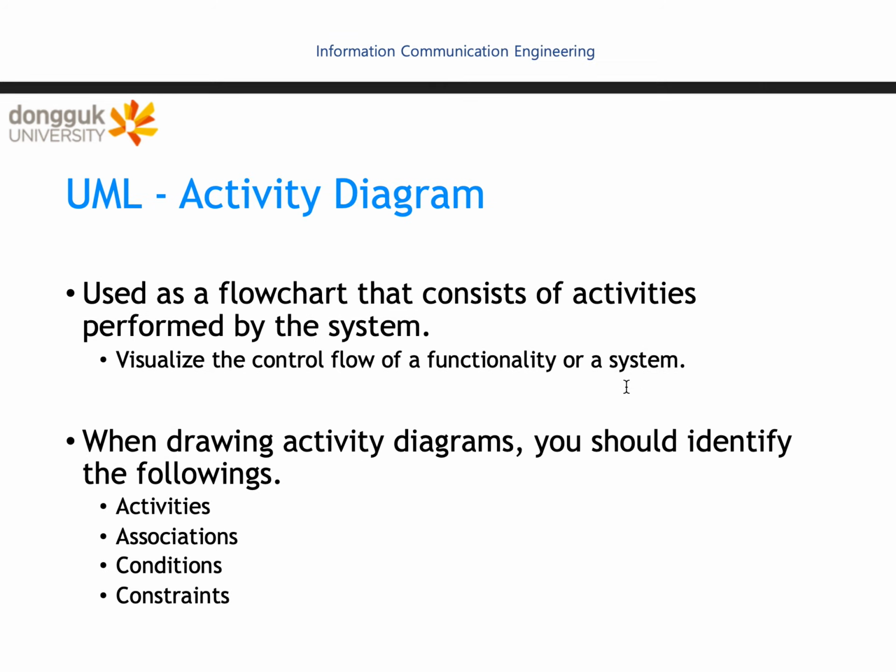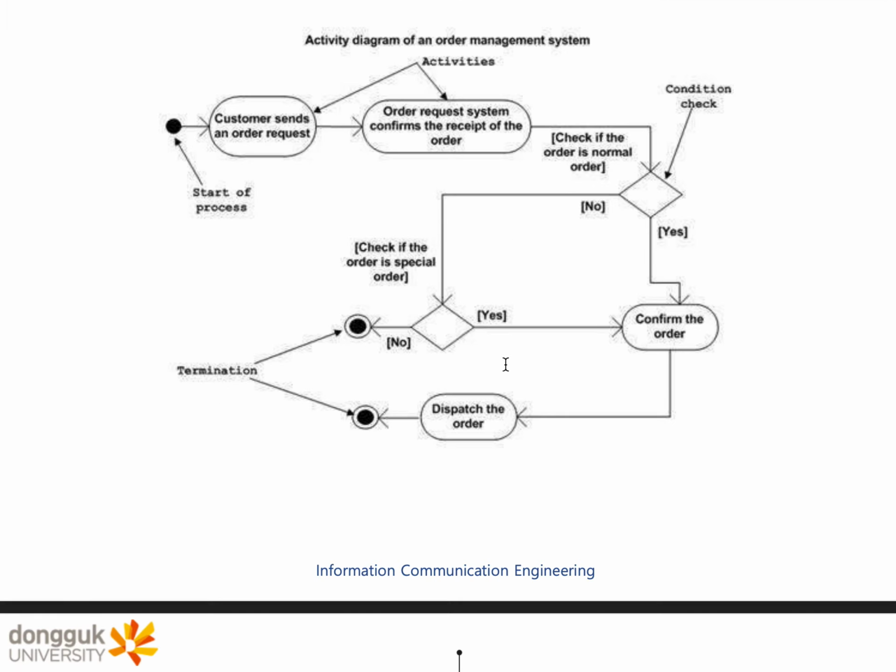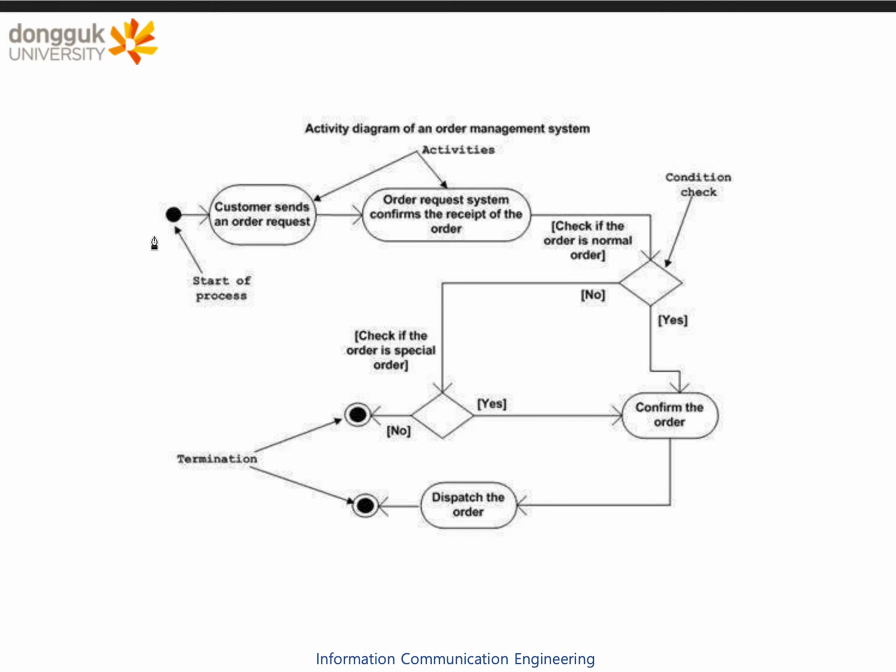Okay. And there is another UML diagram called the activity diagram, and it uses a flowchart consisting of activities performed by the system. So here is one. Okay, this is a starting point and this is the ending point, and this is an action or activity, and that is a condition. Okay, and the result is here, and this is the condition check.